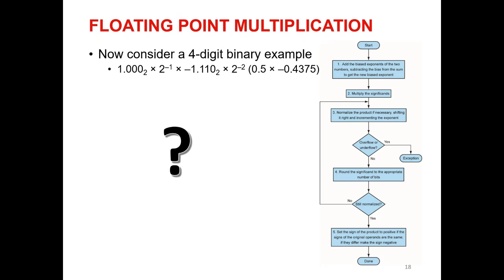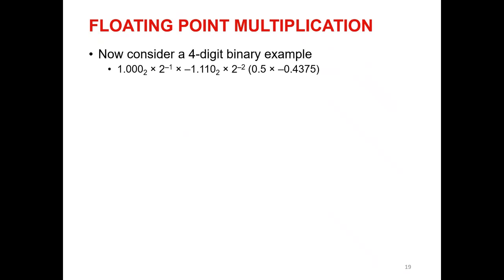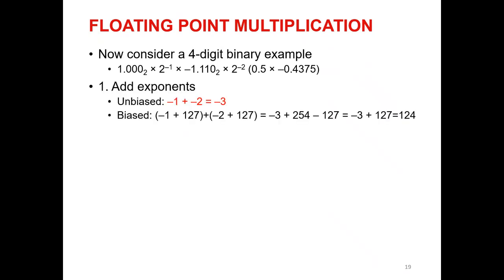Okay, so let's see then, in order to multiply those two numbers, we are going to follow the method we have just seen. The first thing is to add the exponents. Before, when we were using decimal, we just added the exponents.